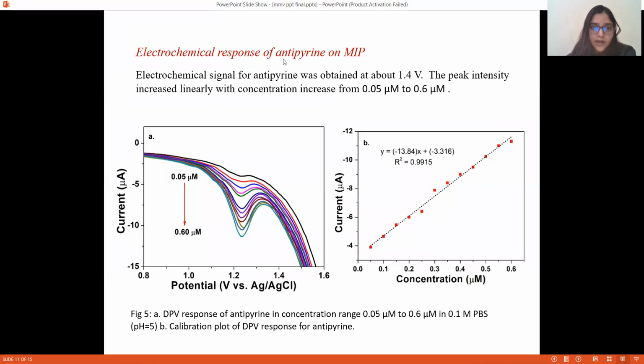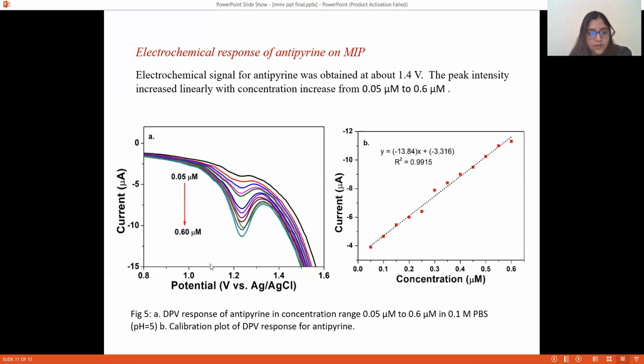And the electrochemical response of antipyrine on MIP can be seen in the figure. The electrochemical signal for antipyrine was obtained at about 1.4 volt. The peak intensity increased linearly with concentration increasing from 0.05 to 0.6 micromolar.